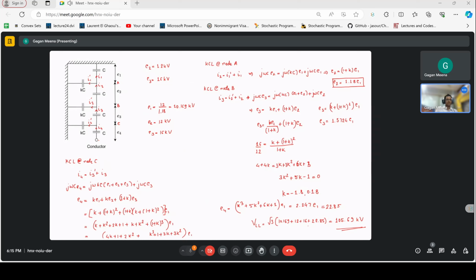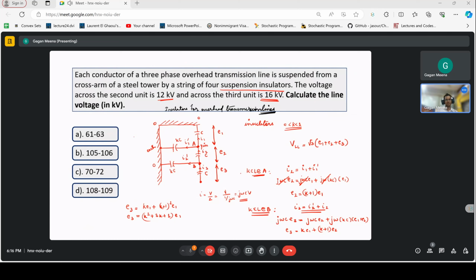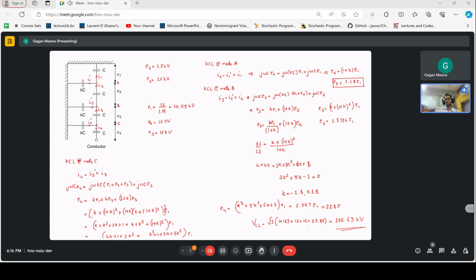Because we know E3 and E2, E3 is K E1 plus E2, and E1 can be replaced by E2 by (1 plus K). So now this is in terms of E3 and E2, and both are known. So from here we can find out K.